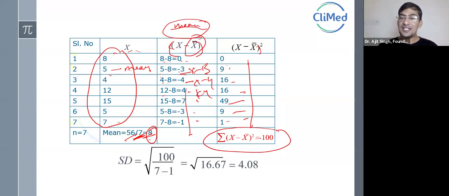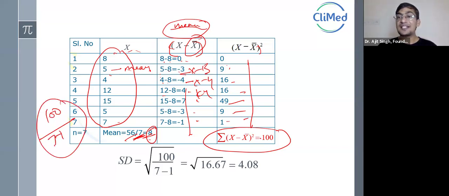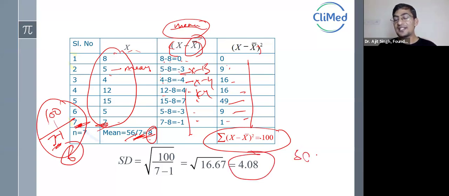What is SD? 100 divided by 7 minus 1. 7 is n, the frequency, right? So 100 divided by 7 minus 1, that is 6. So 100 divided by 6 is 16.67, and its square root, the SD here, is 4.08.